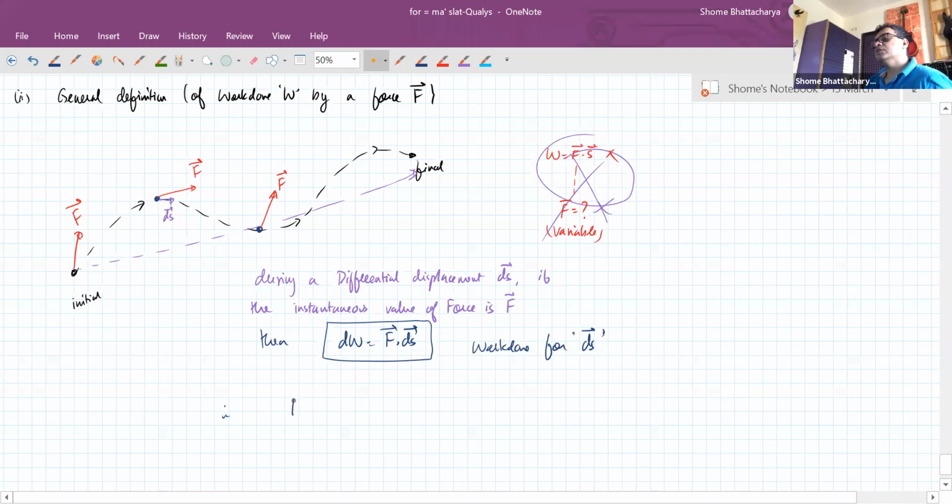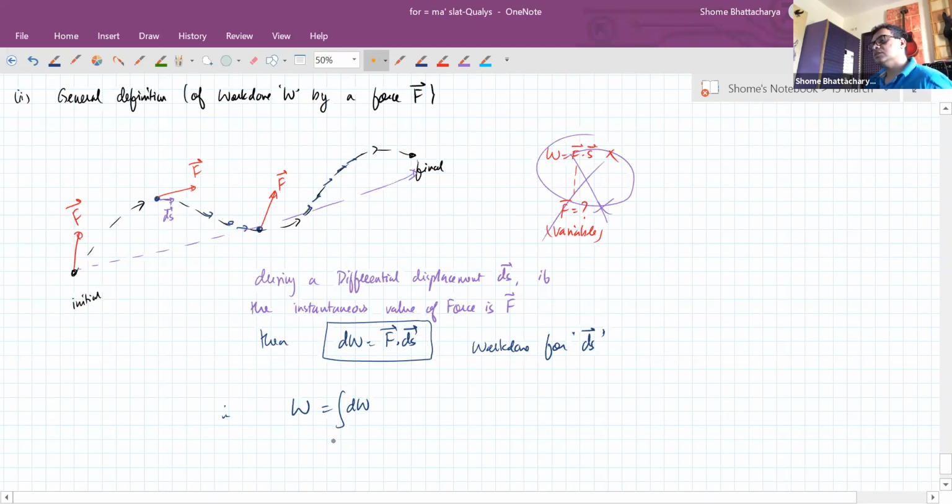Therefore, the net work done becomes the summation of the work done for each and every small part of the path. We divide the entire path into small differential displacements, which all add up to give us the net displacement.